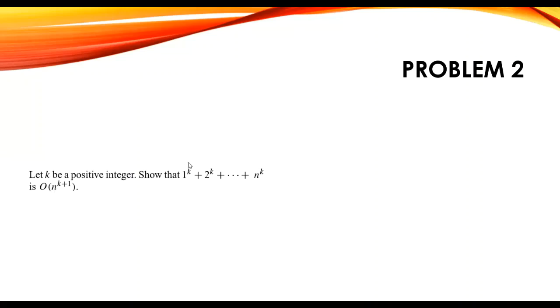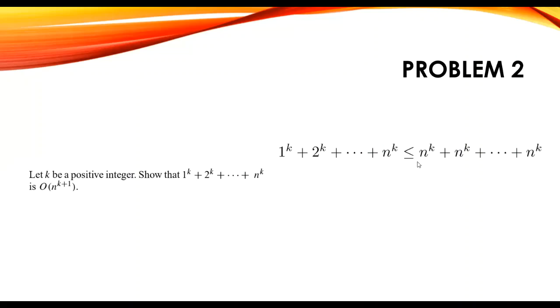Let's check which among these terms is the bigger term, or the dominating term. It's n raised to k. So I'm going to replace all terms by n raised to k. So 1 raised to k will become n raised to k, 2 raised to k will become n raised to k, up to n raised to k. So we have lots of n raised to k.